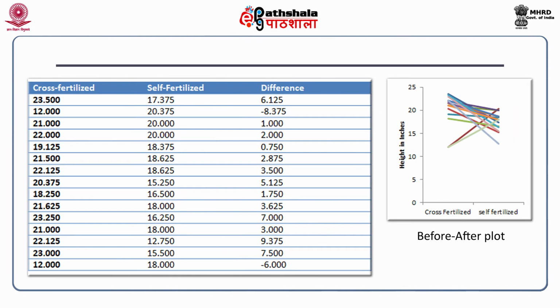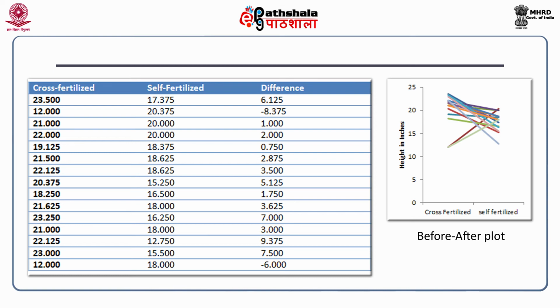As you can see in this particular table, for each of these paired values of cross-fertilized and self-fertilized, the difference is given in the third column. So this entire table can be summarized in an excellent way by a before-after plot. You can see that most of the values are reducing in the self-fertilized compared with the cross-fertilized, except two values which are actually increasing from the cross-fertilized to the self-fertilized.